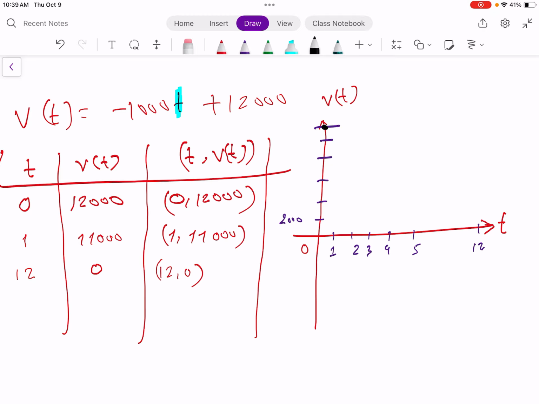Here we have the second point at (1, 11,000), and (12, 0) is here. Now let's connect all these 3 points. We get a straight line. Now, can we extend this graph on the left and on the right?